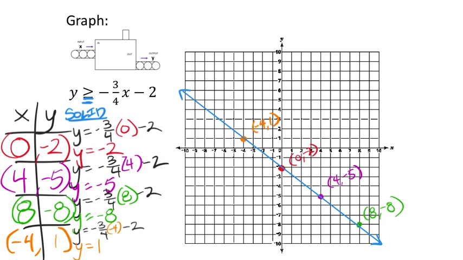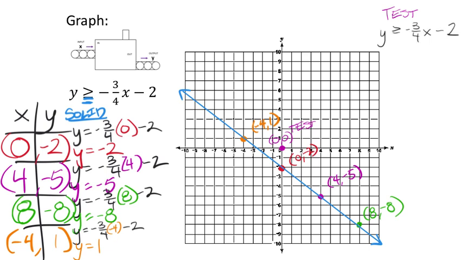Okay, so I'm going to test. We've got to choose a point first, and I'm going to choose the point 0, 0. And this will be my test value, okay? So in performing the test, I've got to use my inequality.